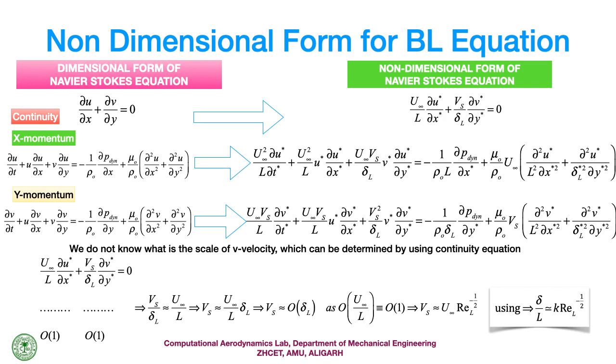That means these two terms are of a similar order, and this is only possible if del u star by del x star is of the order of 1 and del v star by del y star is also of the order of 1. And Vs over delta L, the coefficient of del v star by del y star, must be equal to u infinity by L. So this gives you Vs as u infinity by L into delta L.